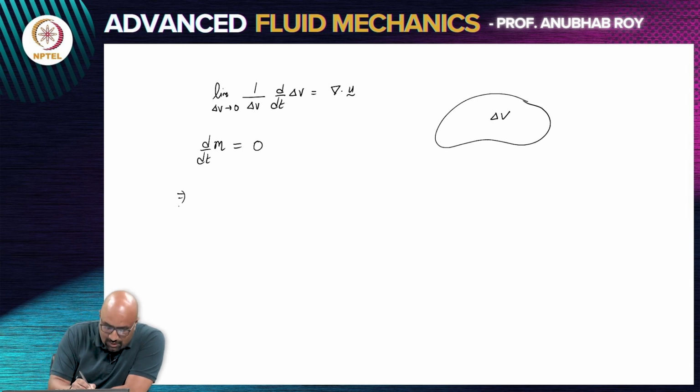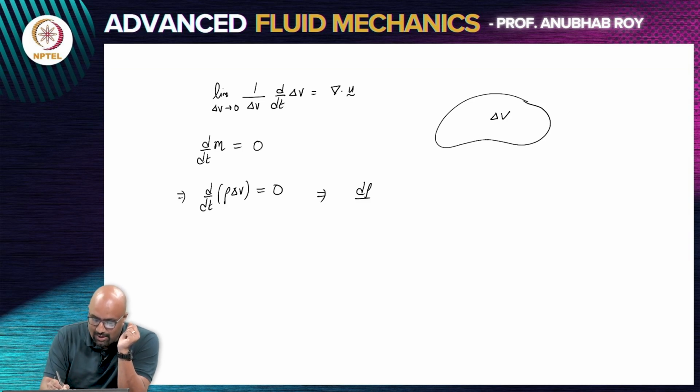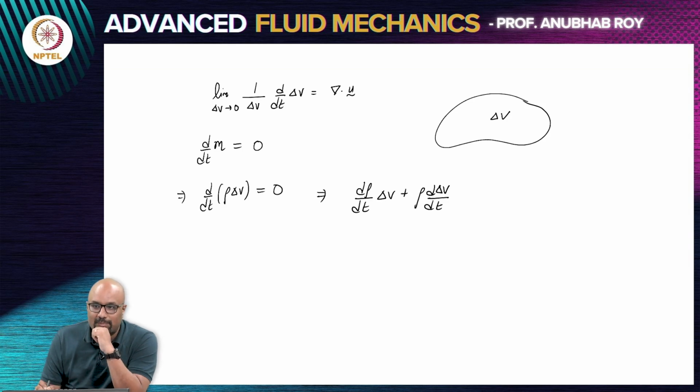Now the mass for this material volume I can write as rho in the limit of delta V going to 0. It is defined with respect to the density multiplied by that volume. This is again emphasizing implied for an infinitesimally small volume. Now if you expand this derivative, you have d rho dt times delta V plus rho d dt of delta V. This should be equal to 0. Now from our knowledge of kinematics, we know that a volume element is going to change based on what is the divergence.